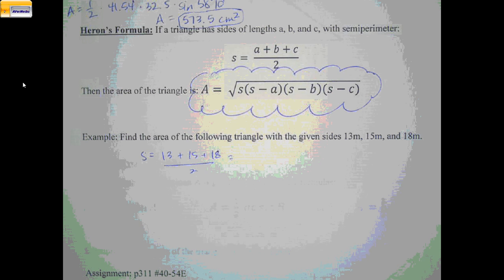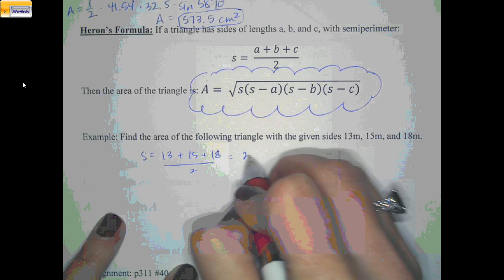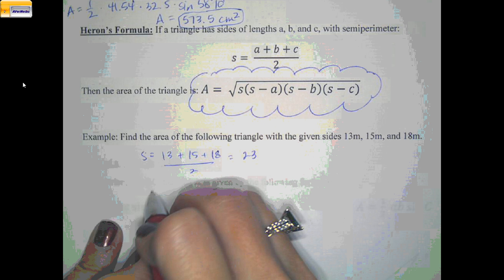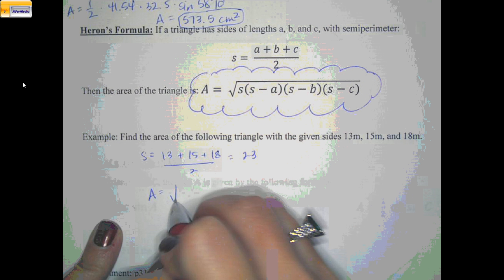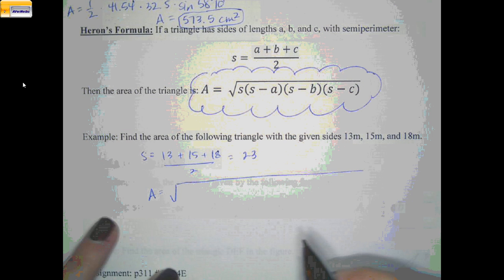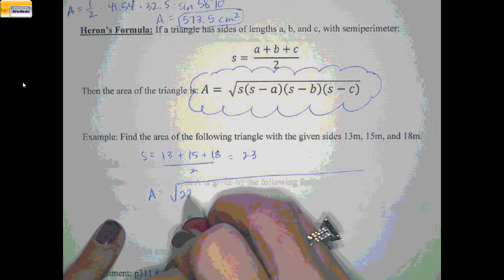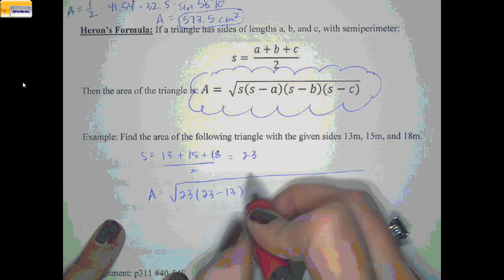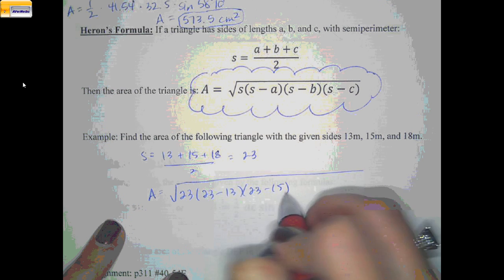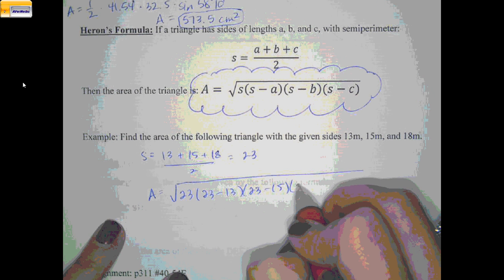We get 23. So then you just plug all this into the formula. Big old radical, 23 times 23 minus 13, 23 minus 15, and 23 minus 18.